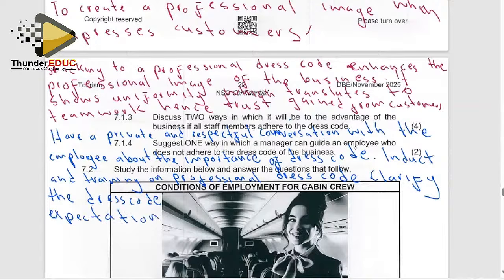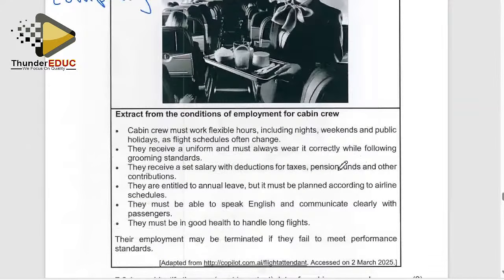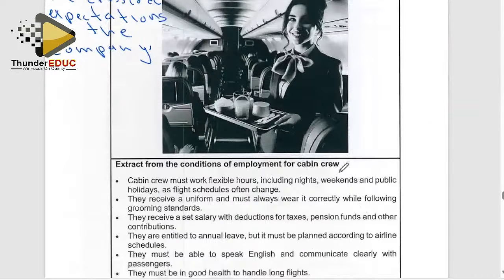Make it clear what is expected by the company. Then you can also give the employee the chance to respond. Perhaps they might not know, or they might be having challenges with the dress code. So that is what is required there.